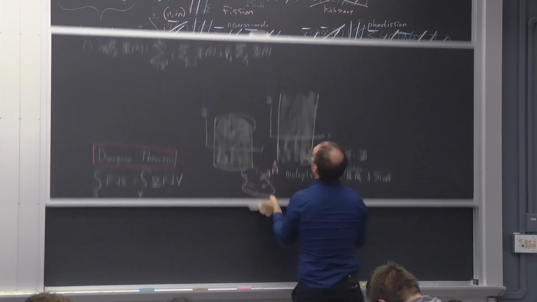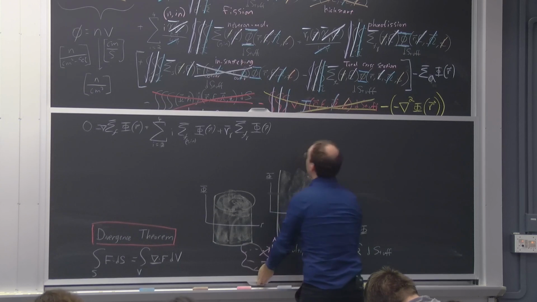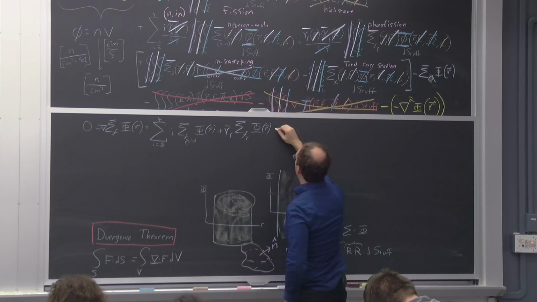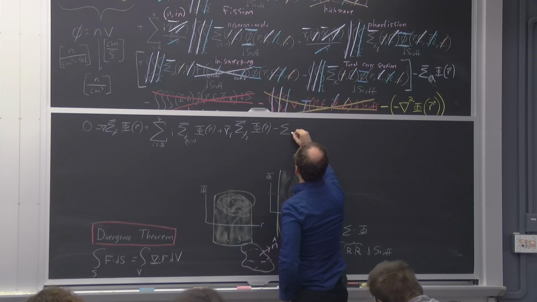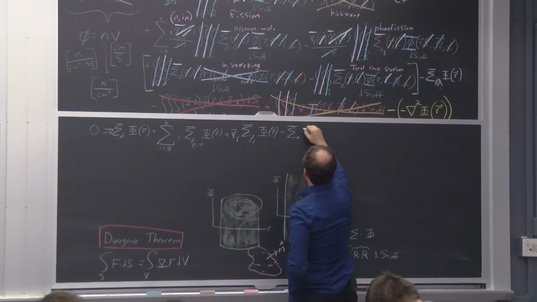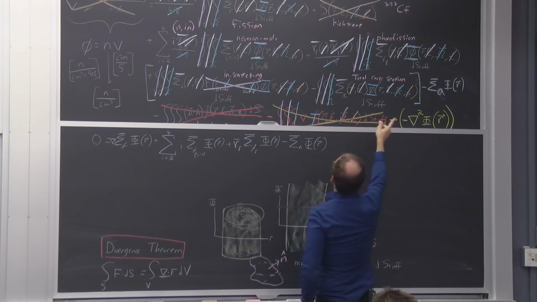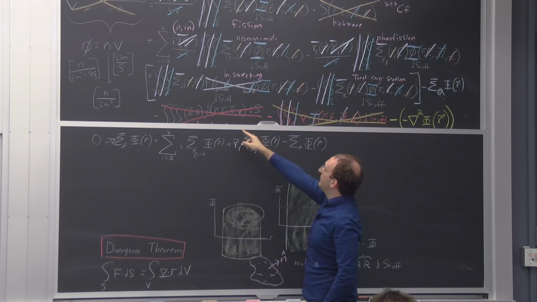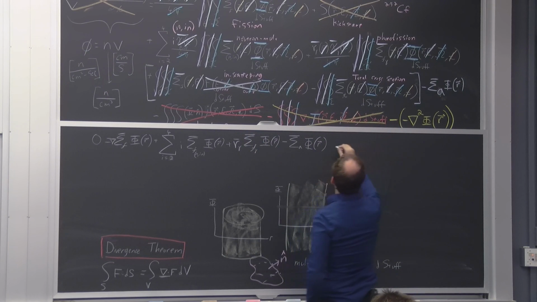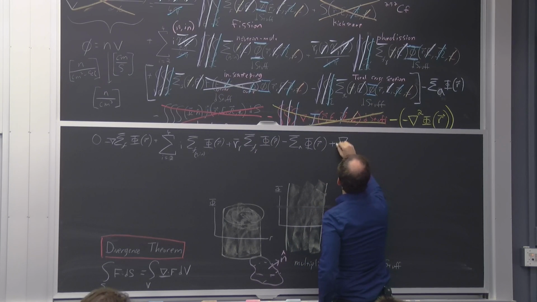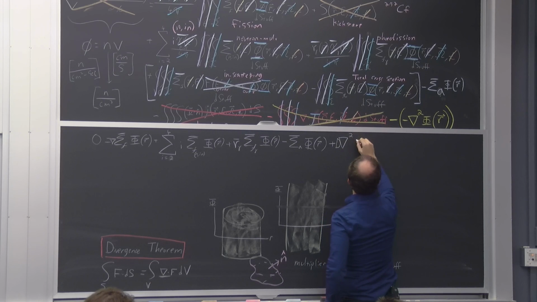I'll leave that up there for everyone to see. So then scattering and total just becomes minus sigma absorption times phi of r. And we're left with, what was that? Current. That becomes plus. There's a d missing in there, isn't there?